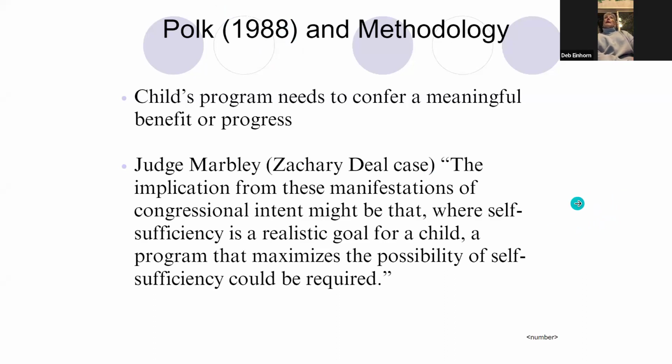And so more recently, I don't know how many years ago it's been now, we had the Andrew F. case, and you may have learned about this case in some of your other sessions. But what the court ruled in the Andrew F. case was that Andrew F. was a student who was not making progress in school over many years' time.